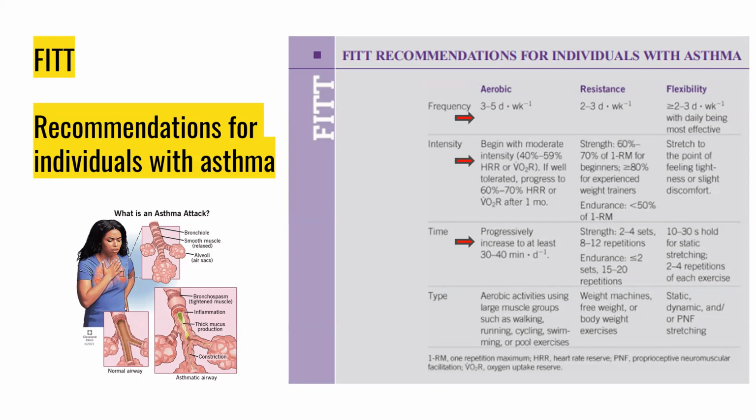Time progressively increase to at least 30 to 40 minutes per day, and any aerobic activities using large muscle groups. For resistance training, 2 to 3 days per week. For strength training, 60 to 70% of the 1 RM for beginners, 80% for experienced weight trainers. And for endurance training, anything less than 50% of the 1 RM.